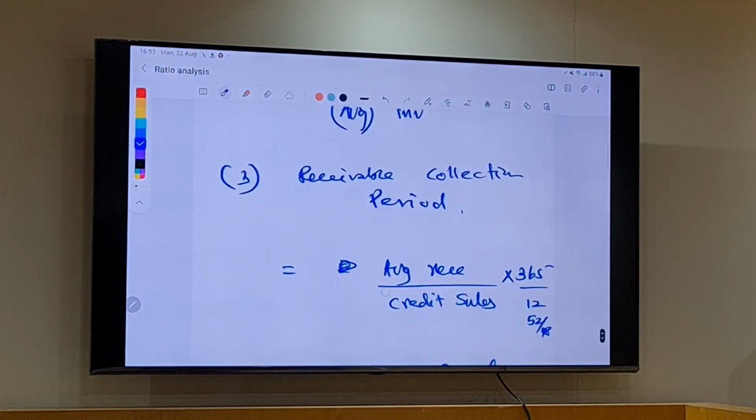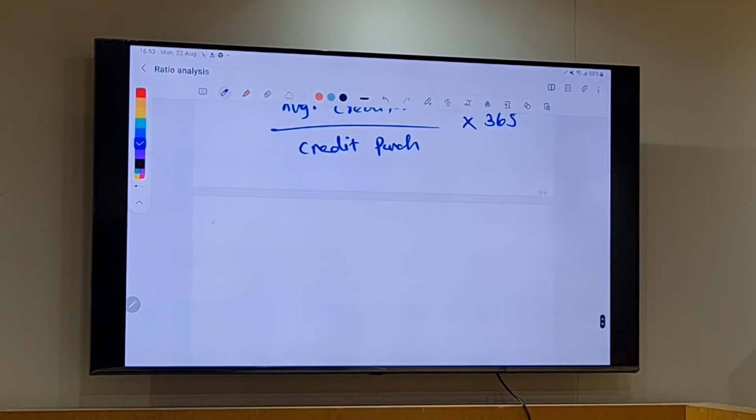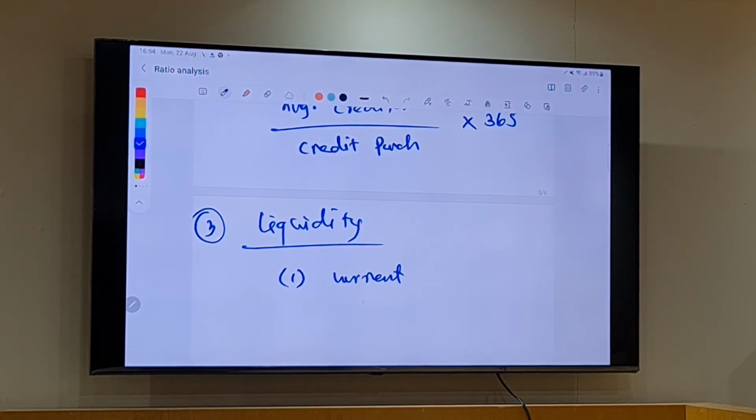And then we have one more, third one, liquidity ratio. What is liquidity? One ratio is current ratio. Very simple. Current assets divided by current liability. Answer comes in times.